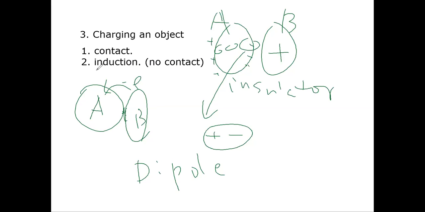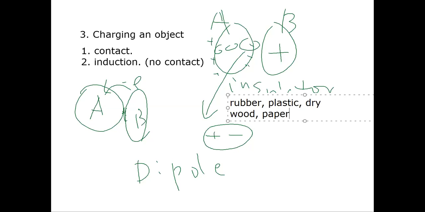Let me give you an example to be more precise about what kind of things we call insulators. Essentially we can talk about what kinds of materials we can call insulators: rubber, plastic, dry wood, and paper.